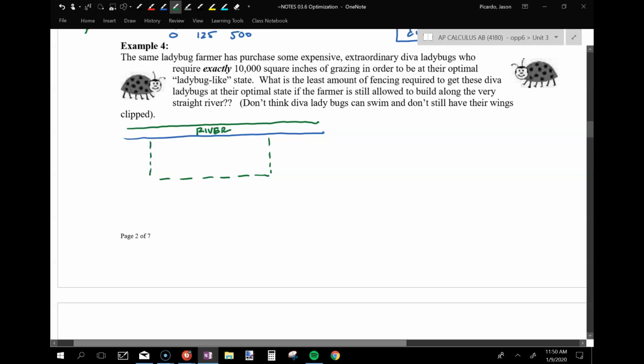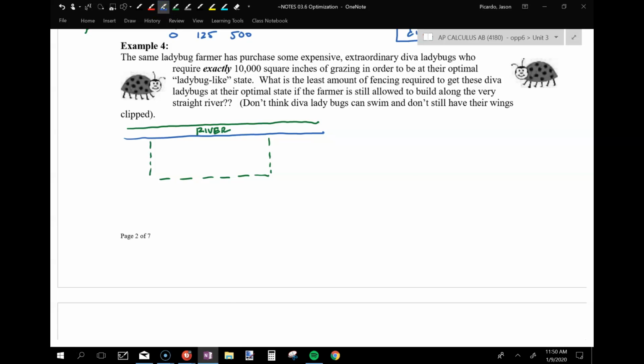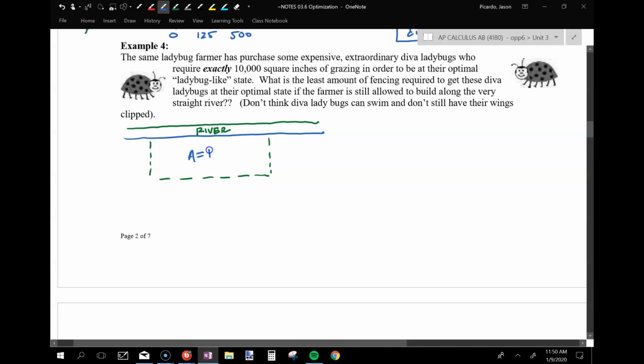All right, so the ladybug farmer, from their infinite level of expertise in the field, found that if there is 10,000 square inches of grazing, they'll be in their optimal state. So we want the area now to be 10,000.